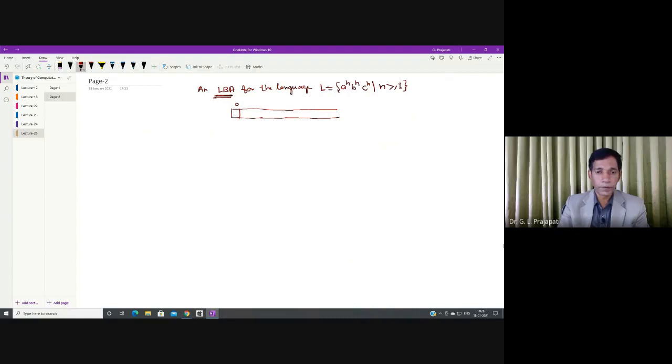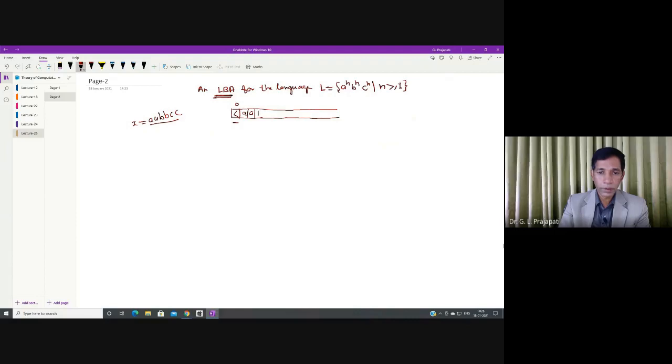For example, if you are given x, which is AABBCC, then your input in the tape will look like this. This is the square 0, which contains the left angular bracket, and your tape head is scanning the symbol in square 0. Immediately after the 0, we have the input.